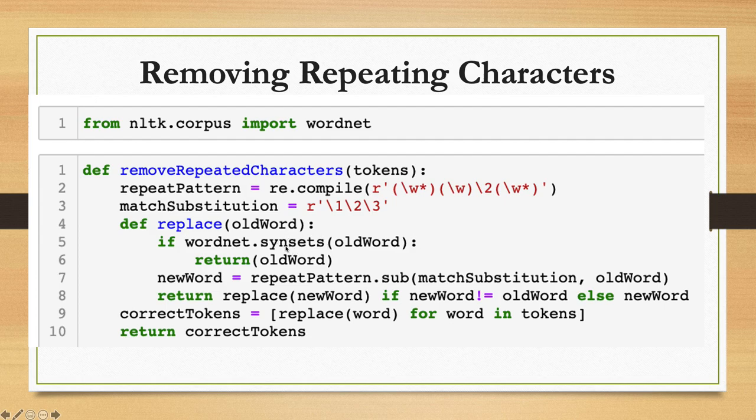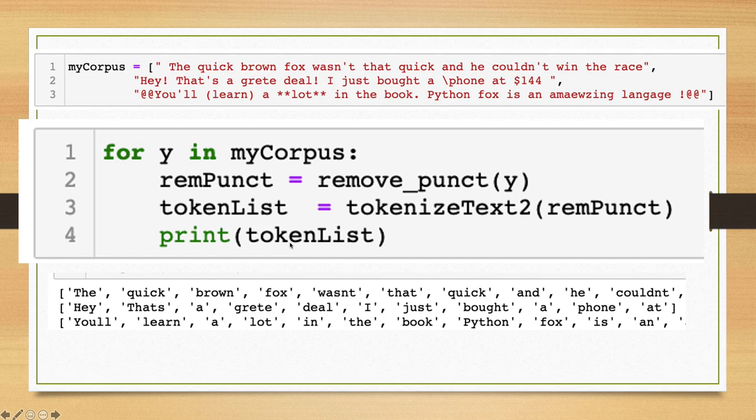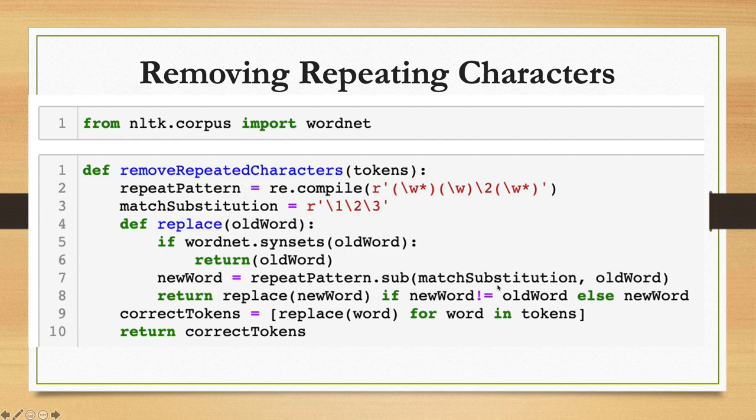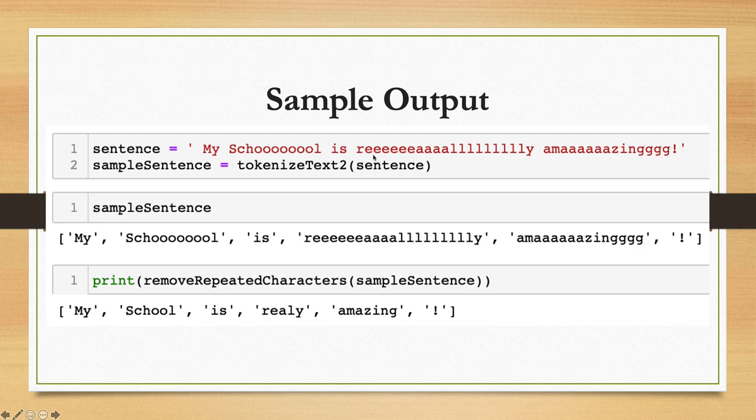It calls the synset function with the word and then returns the old word, otherwise the new word, using the repeat pattern substitution. So it's actually up to three layers of conversion of repeated letters.